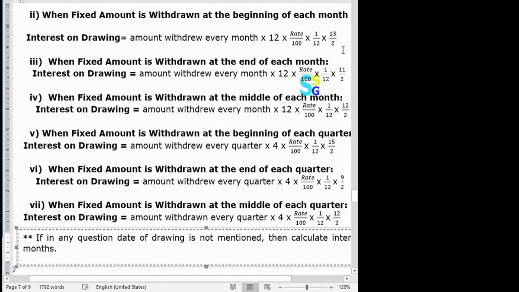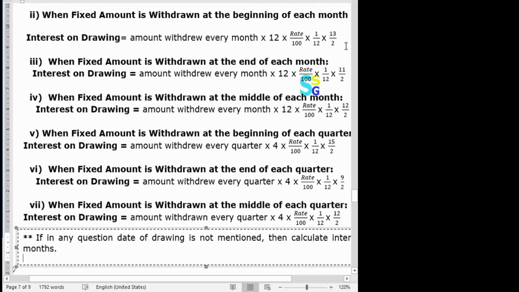That is very simple. And if you follow this one, you will never make any mistake, because till 1 by 12 it is the same for all conditions, and only this will vary. It will be 13 by 2 or something else. And how will we get it?